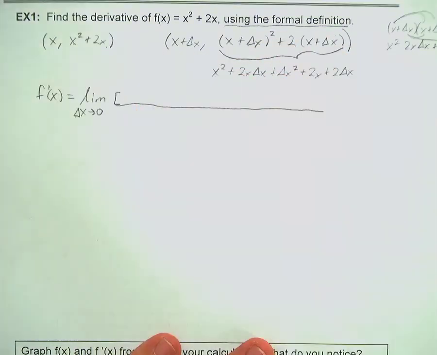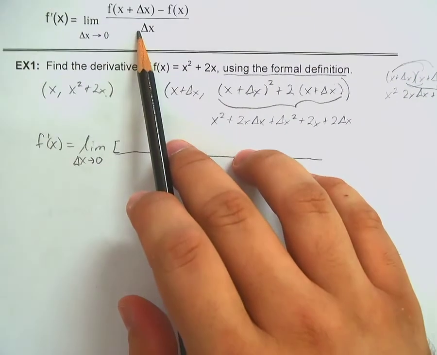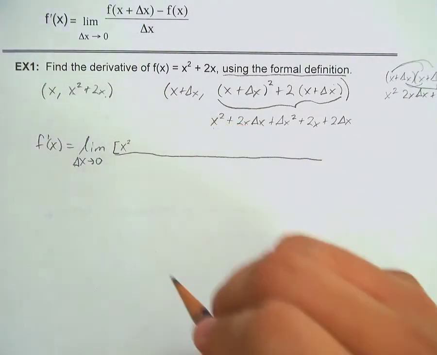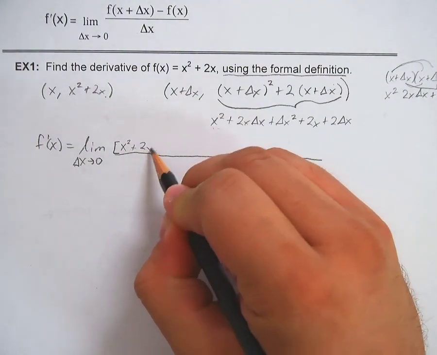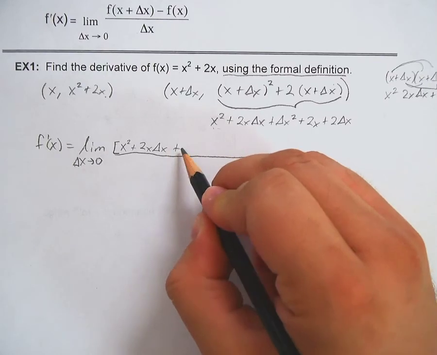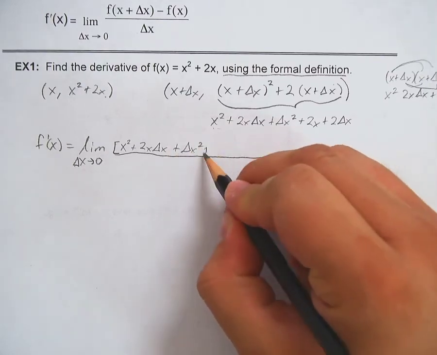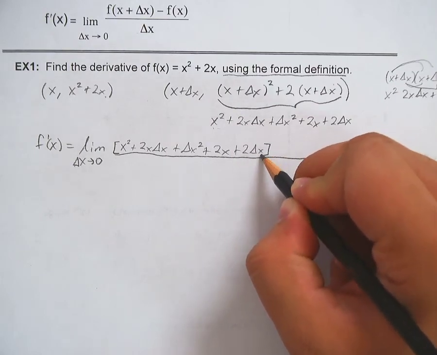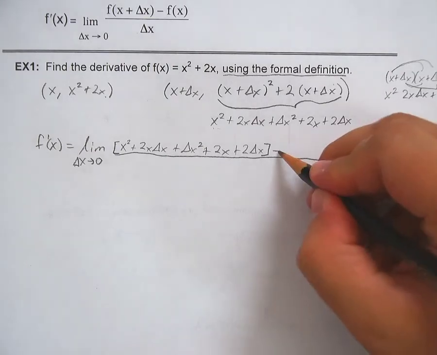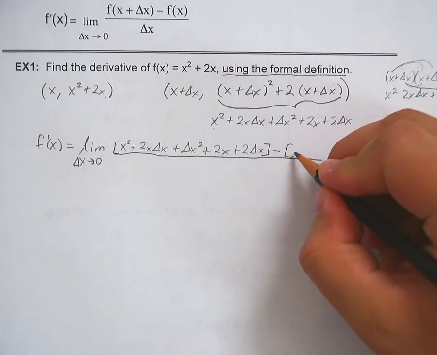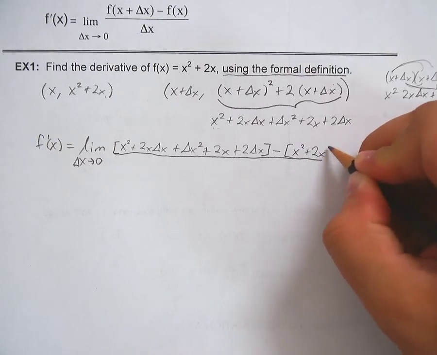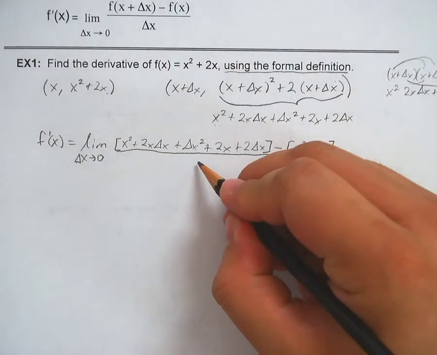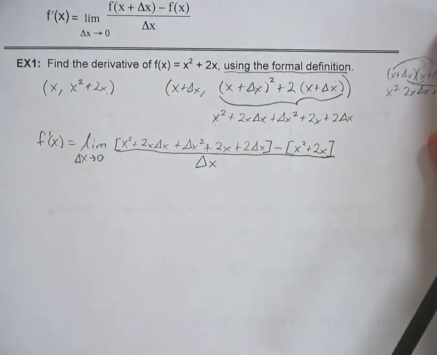It's f of x plus delta x, which is this guy right here: x squared plus 2x delta x plus delta x squared plus 2x plus 2 delta x. That's f of x plus delta x, minus f of x, which is x squared plus 2x, all over delta x.